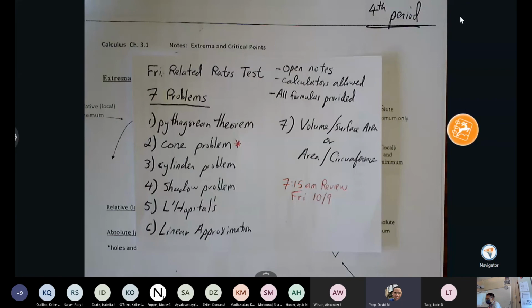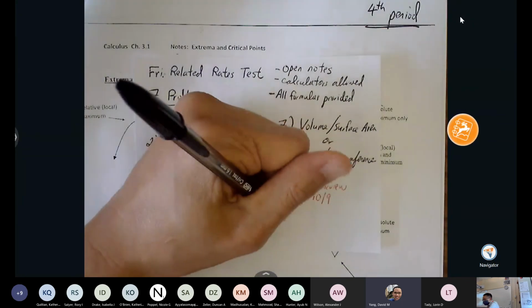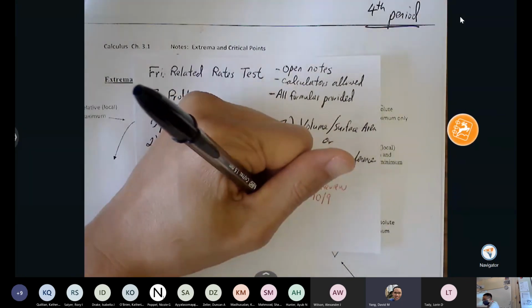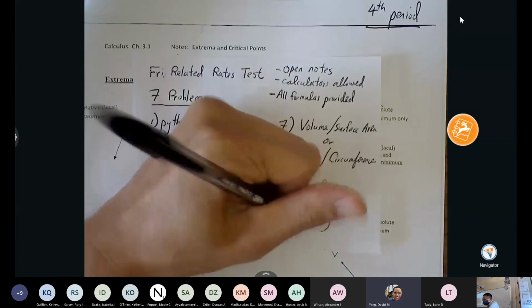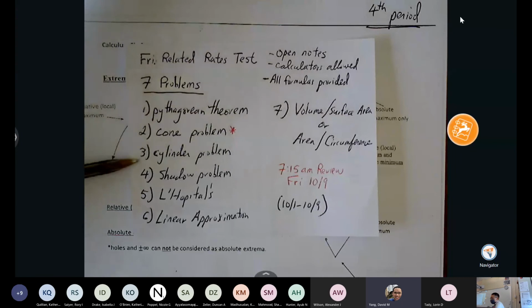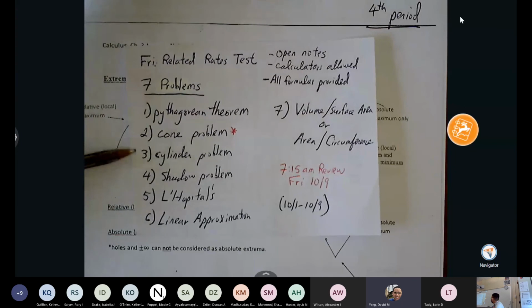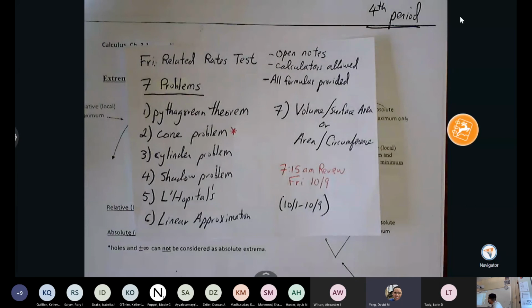They're all located on the related rates page, dated 10/1 through 10/9. If you look through them, there are all these various review worksheets. If you want some additional practice with cylinder problems, you can look through and find all the ones that you want to practice with.